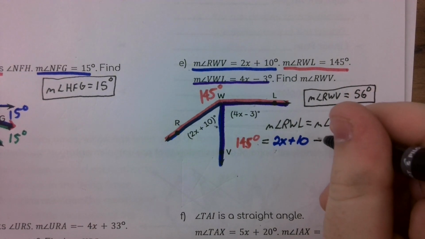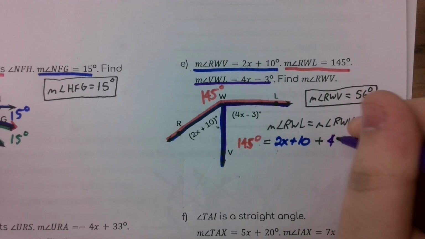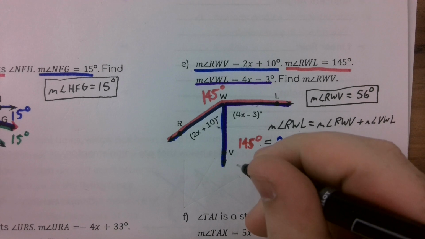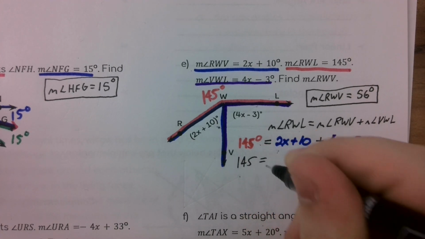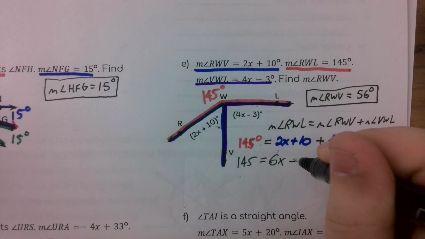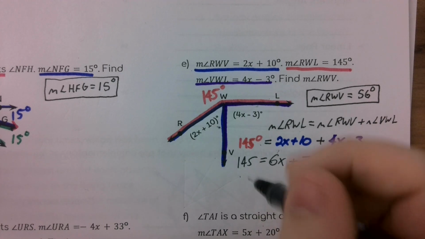And VWL is 4x minus 3. So this is going to be an equation that we have to solve. When we combine like terms here, we will get 145 equals 2x plus 4x makes 6x. 10 minus 3 is 7. So there we go. And now it's just solving a linear equation.